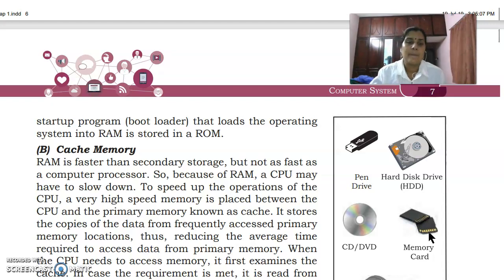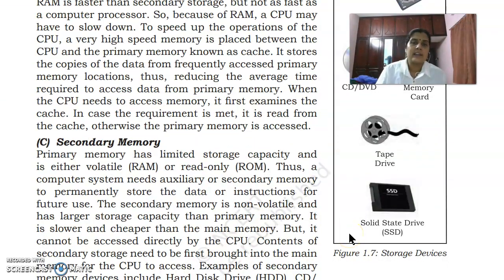Next is cache memory. We all know that RAM, or primary memory, is faster than secondary memory, but cache memory is faster than our primary memory. So to speed up the operations in the CPU, high-speed memory is placed between the CPU and primary memory.